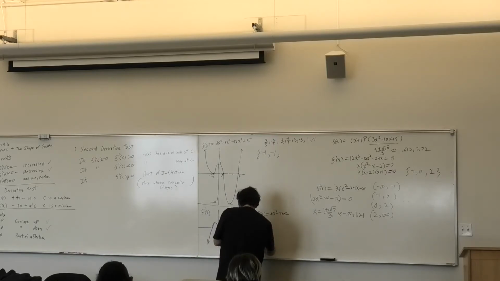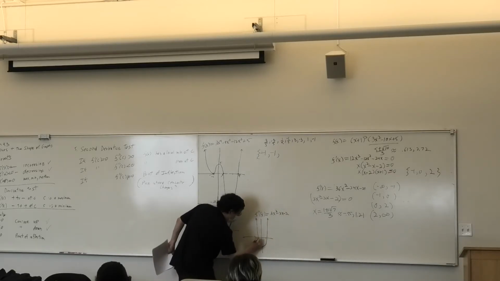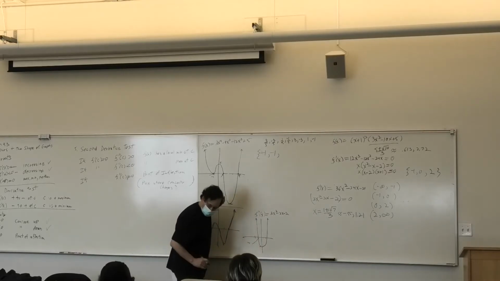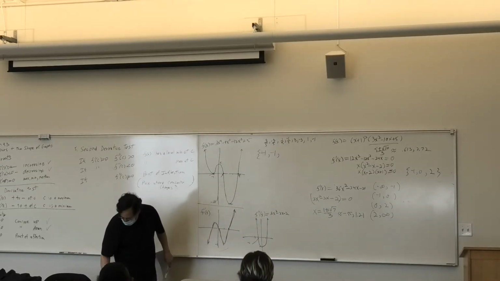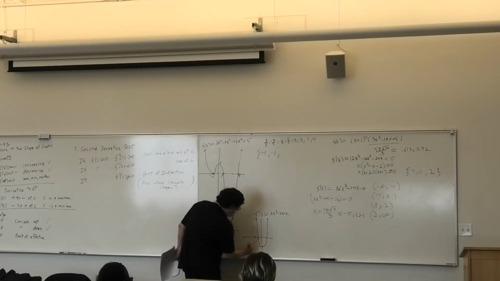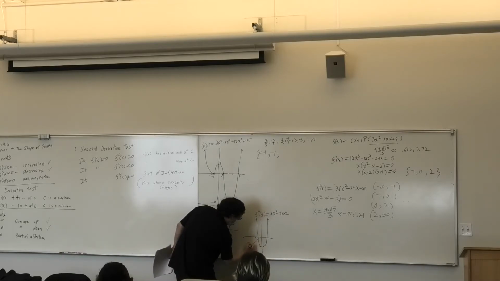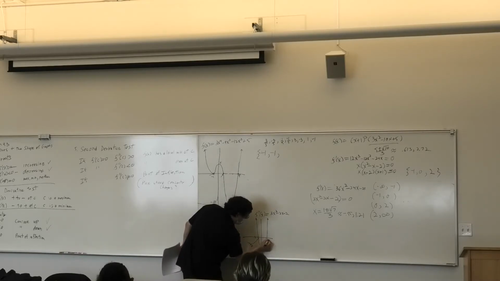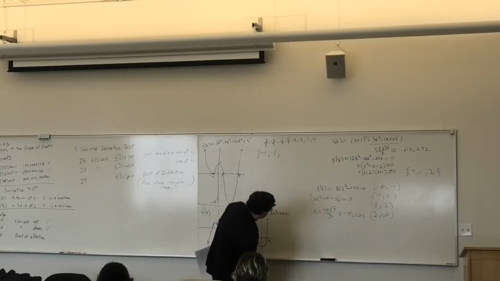It's going to be -2 at 0. Jump through here, and through here. So this is my point -0.55, and here's my point, what was it, 1.21.